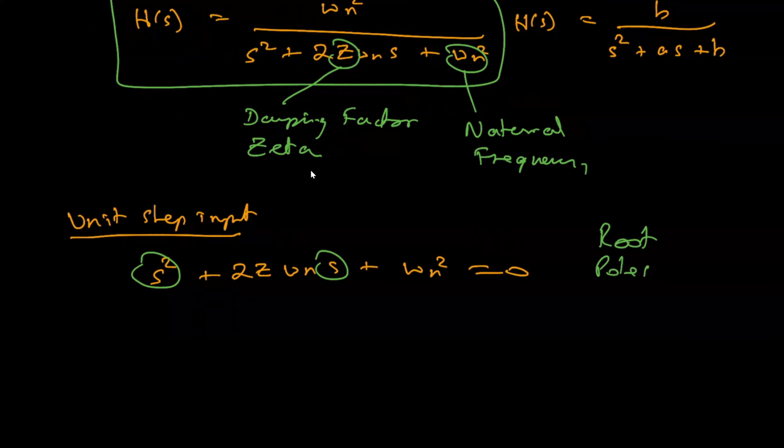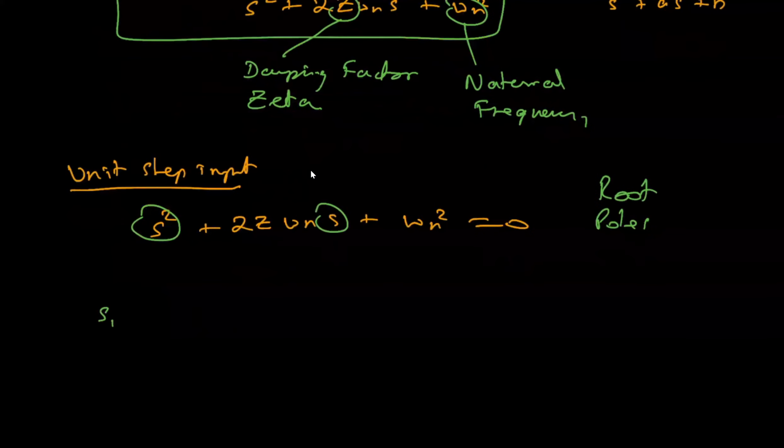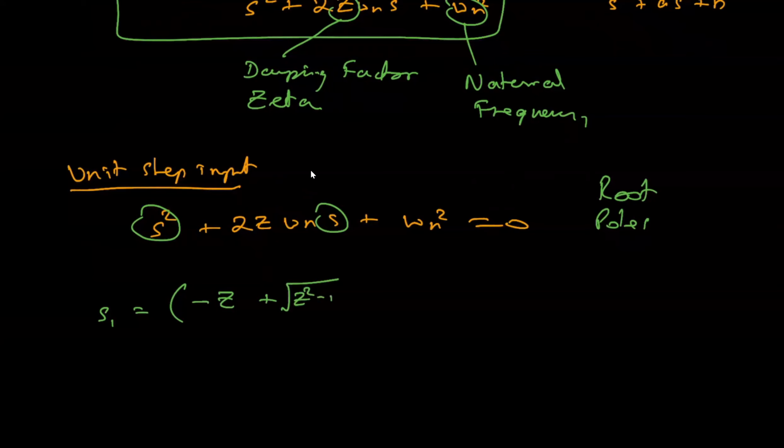The roots are pretty straightforward to evaluate. One is minus zeta plus the square root of zeta squared minus 1, and the whole thing is multiplied by omega n. The other root is just the conjugate: minus zeta minus, not plus, the square root of zeta squared minus 1, close brackets, multiplied by omega n.